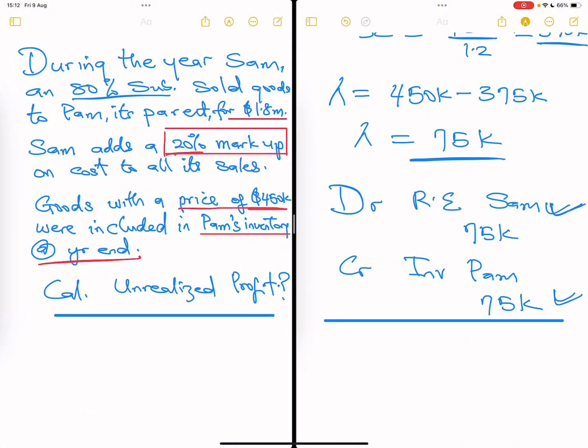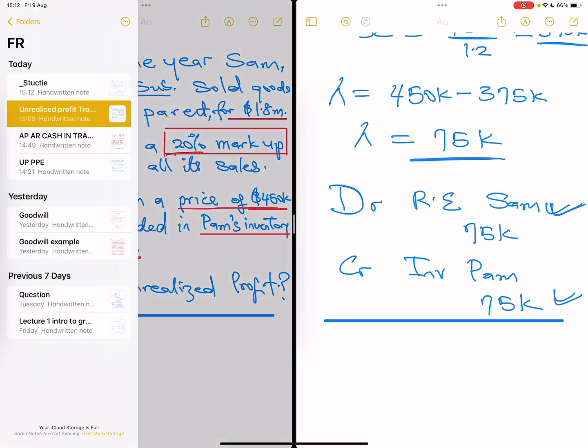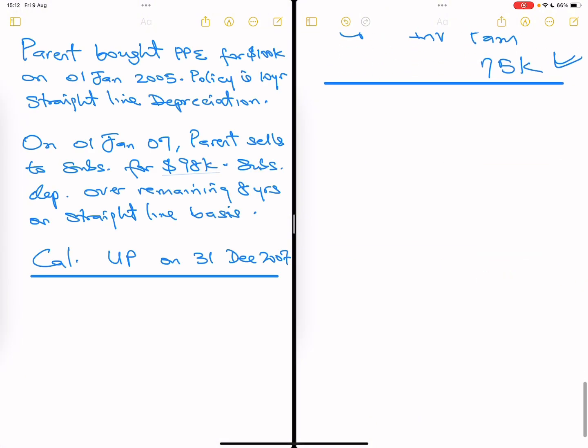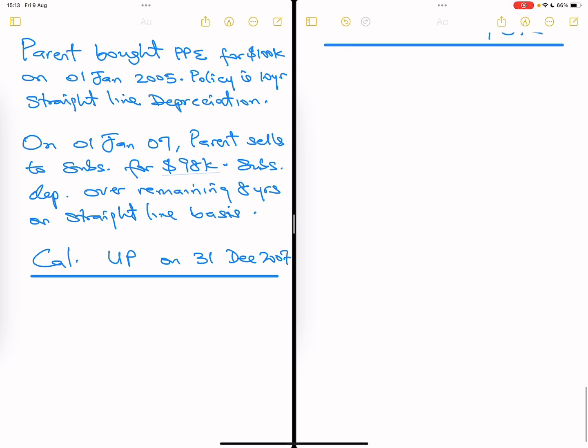Gradually, we're building it. Remember, the full house we want to build, we are building the foundation now. So by the time we go into full-fledged questions, you don't get rattled. Let's look for another example that is on PPE. I know I've done an example on trading now, and I've told you for PPE, how do you calculate unrealized profit?